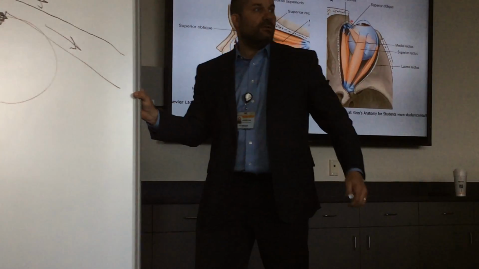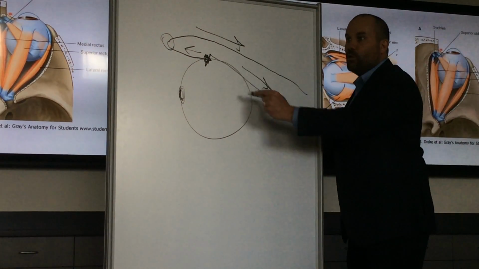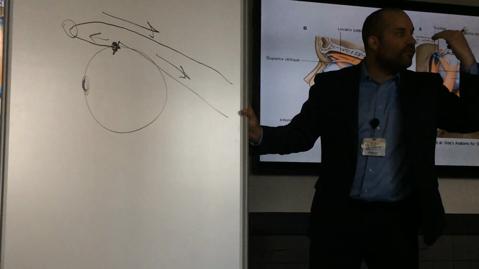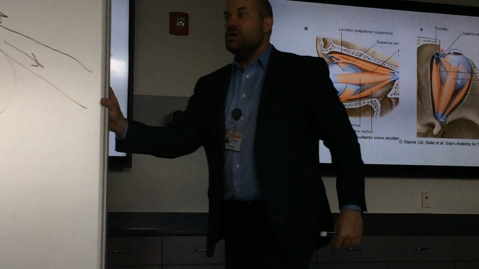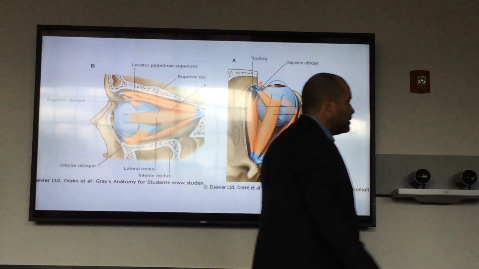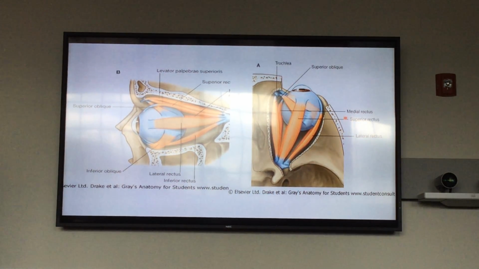Did you guys see this? So now you can kind of understand it. The rectus muscles pull from the back of the eye, whereas the oblique muscles pull from the front of the eye. So the superior oblique, when you draw the pupil to the midline, is actually going to pull the pupil down.